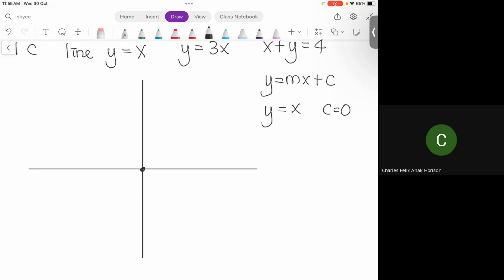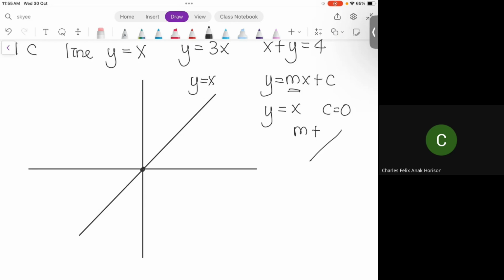And the m here is a positive value, meaning the graph goes up like this. So you can sketch this y equals x line going up like this.